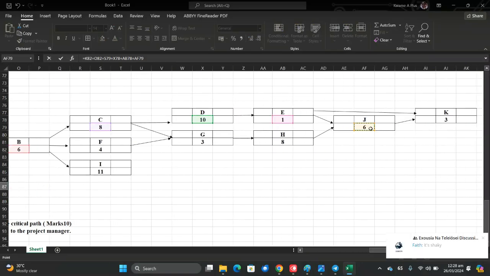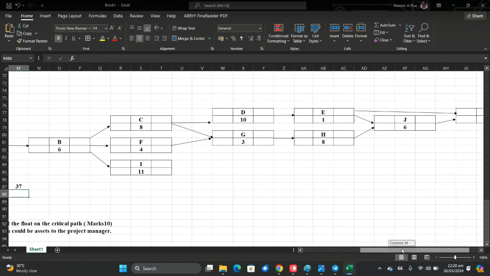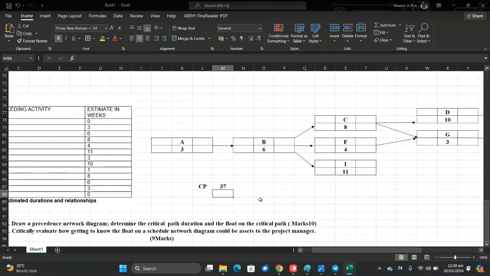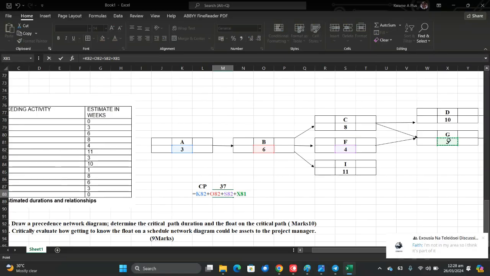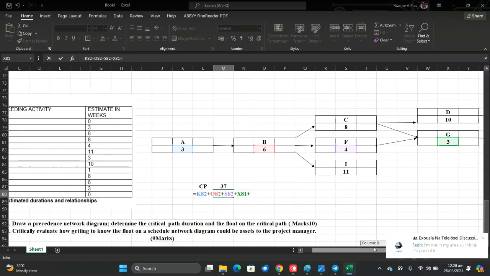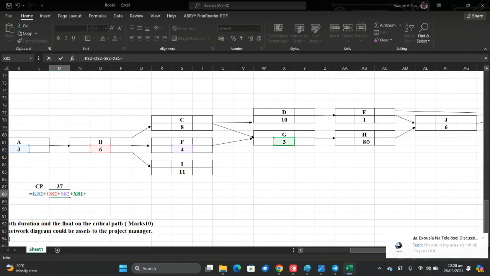37. So I think, okay, let's try the second one. Equal to what? 3 plus 6 plus 4 plus 3 plus 6.